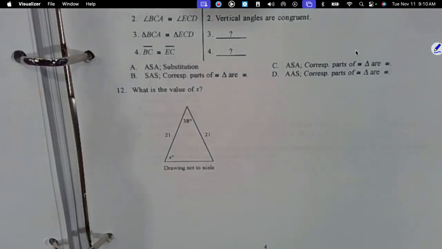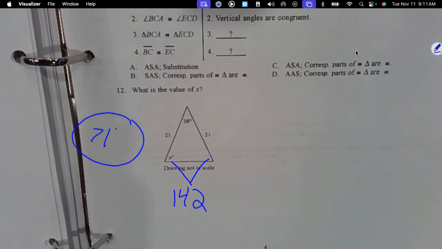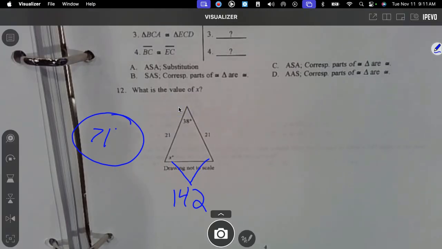That's the only thing I know inside there. 180 minus 38 is what? 142. So I know that these two angles left over are split into 142. So what is 142 divided by 2? 71. So your answer is 71. Does everybody understand that? You'll take away the one angle you do know, and then the other two are equal. So just split what's left over.